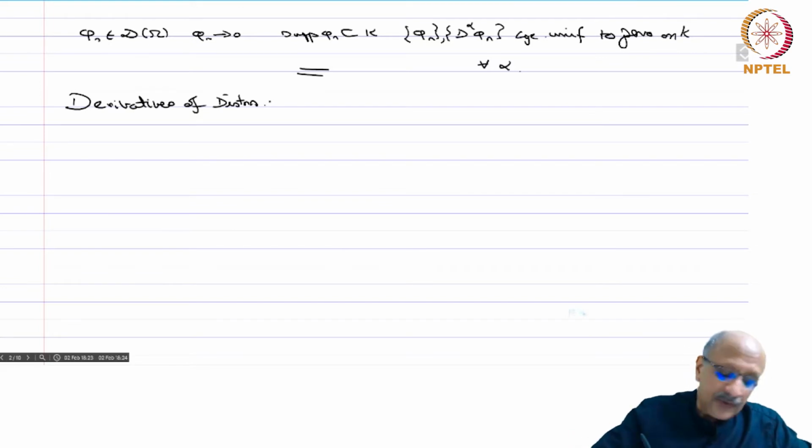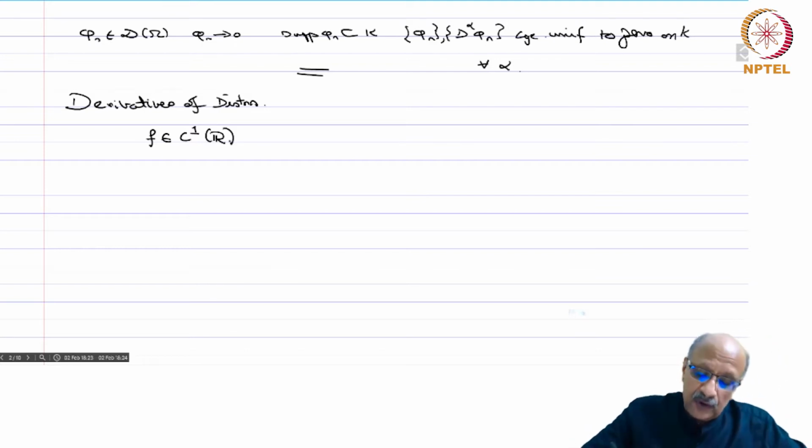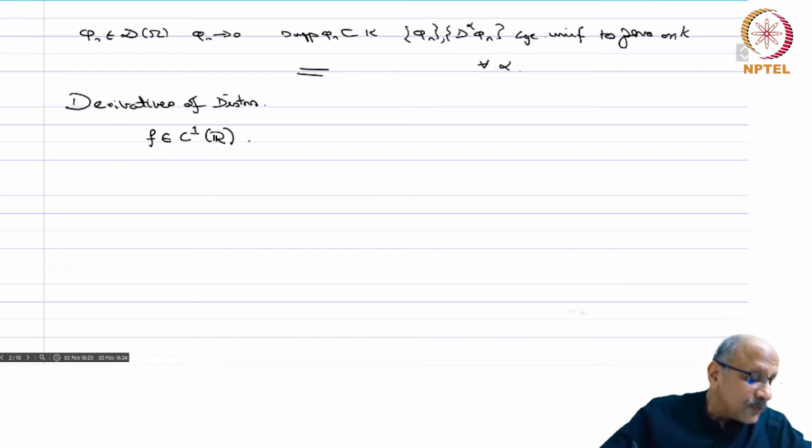Let us start with the case n equals 1, and let us take f belonging to C1 of R. So it is a continuously differentiable function. Therefore f and f dash are both continuous, and therefore they are automatically locally integrable and hence define distributions. Now let us take T of f dash acting on phi.